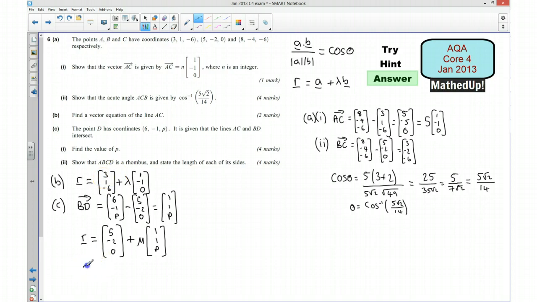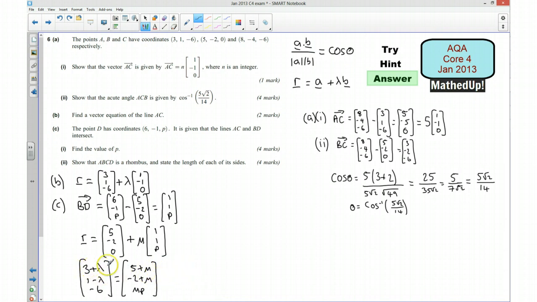So I'm going to say, well, 3 plus lambda, 1 take away lambda and negative 6 is going to be equal to 5 plus mu, negative 2 plus mu, and mu times p.